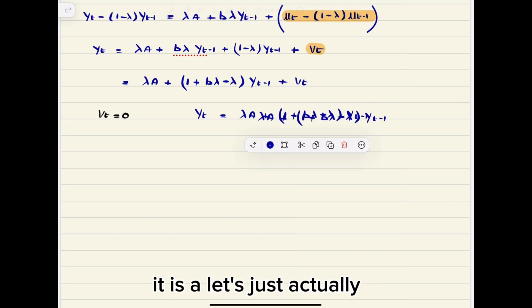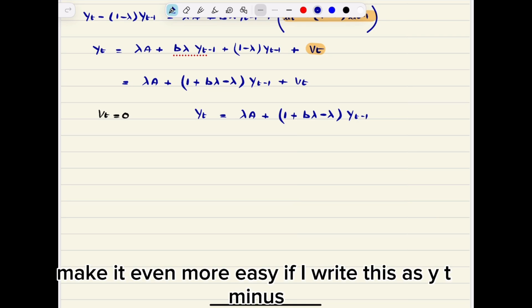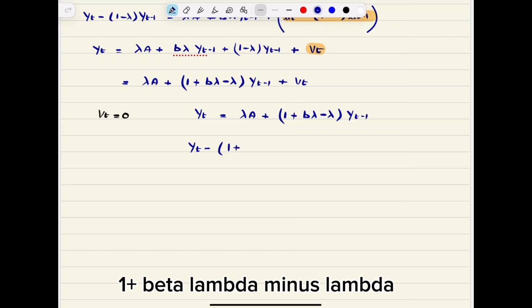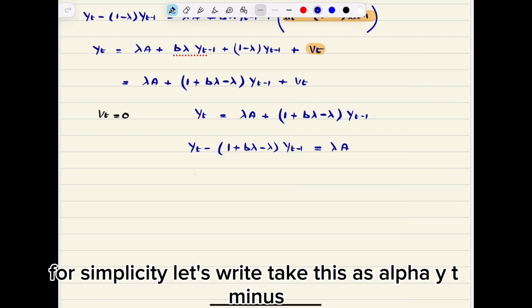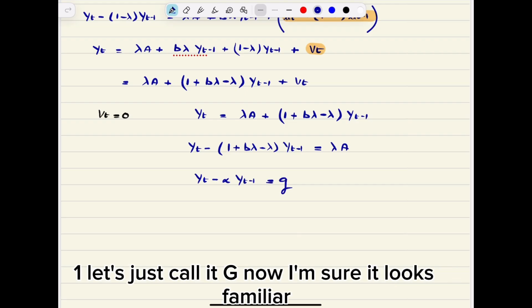Let's just make it even easier. If I write this as y_t minus y_{t-1} plus beta lambda minus lambda y_{t-1} equals lambda a, for simplicity, let's take this as alpha y_{t-1}. Let's just call it g. Now I'm sure it looks familiar.